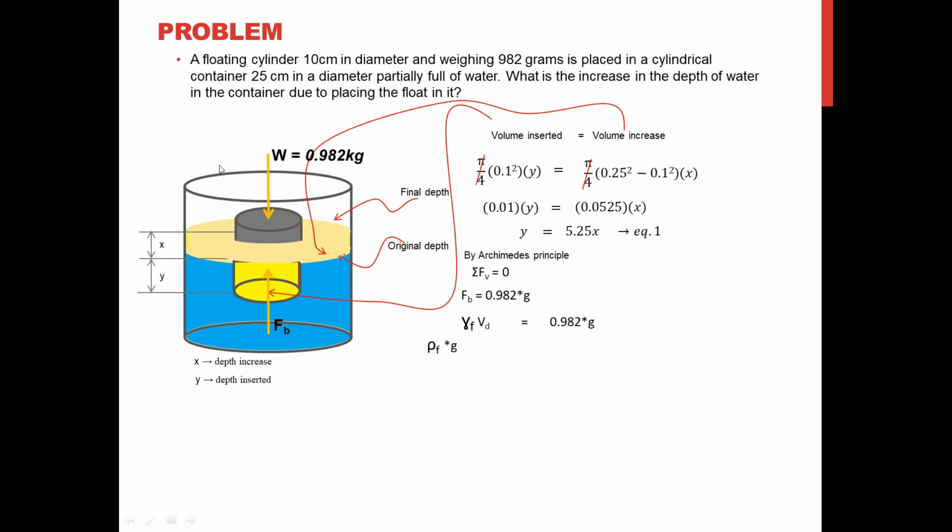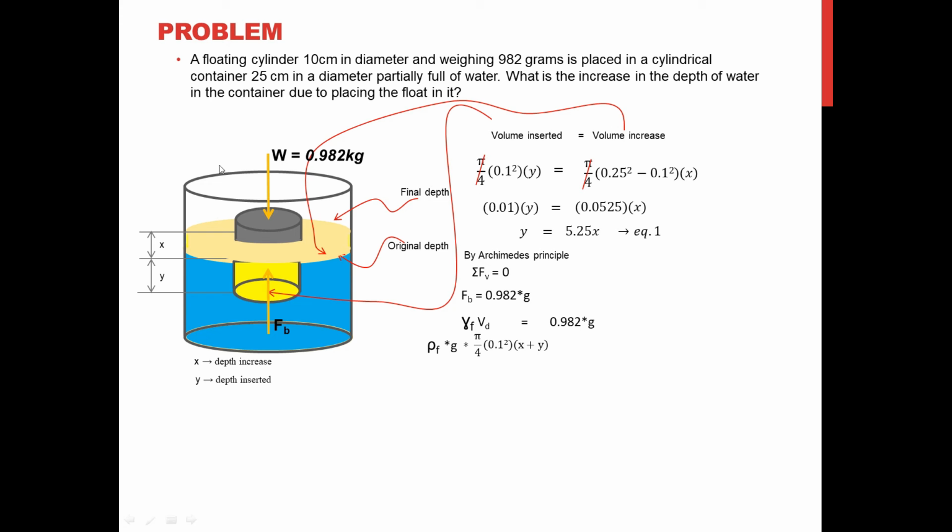So in here, gamma is again expanded to rho g, rho of the fluid times acceleration due to gravity. And then we multiply the volume. The submerged volume will be, considering the total submerged height, which is x plus y.